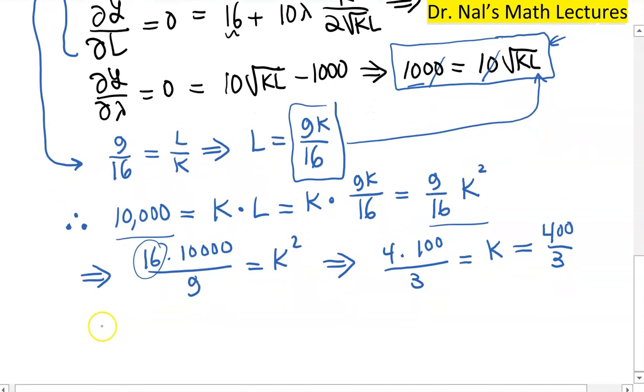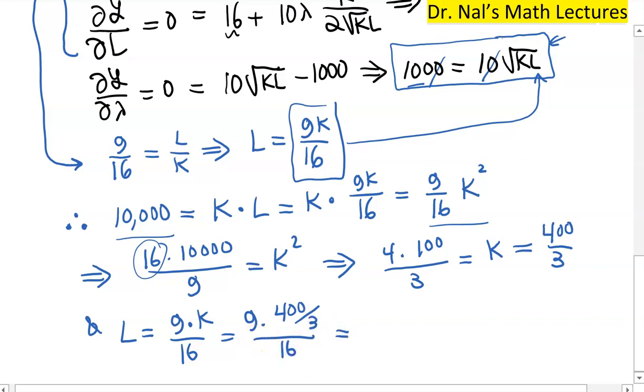But now we can go back, and labor comes out, because labor is given as 9 times K all divided by 16. Now that K is 400 over 3, all divided by 16, the 9 and the 3 cancel, there's a 3 left here, the 16 and the 400 give a 25, and 3 times 25 is 75.